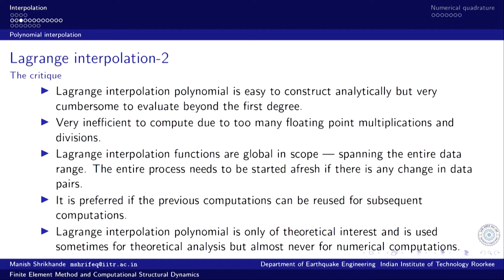So, Lagrange interpolation, an nth degree polynomial, is only of theoretical interest, and it is very easy to explain how it works. But because any nth degree polynomial passing through n plus 1 points is a unique polynomial, no matter which form of interpolation I use, as long as it is a polynomial interpolating through n plus 1 function values, it is going to be the same polynomial irrespective of which way I arrive at it.